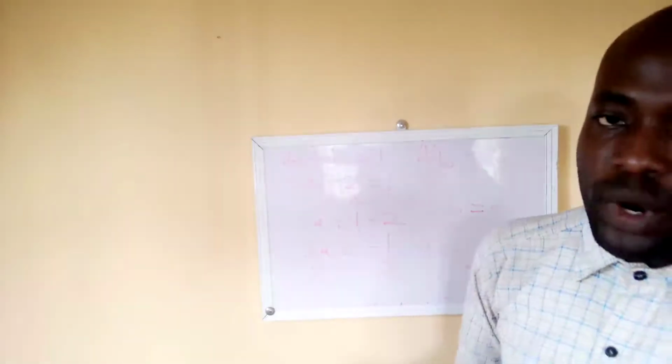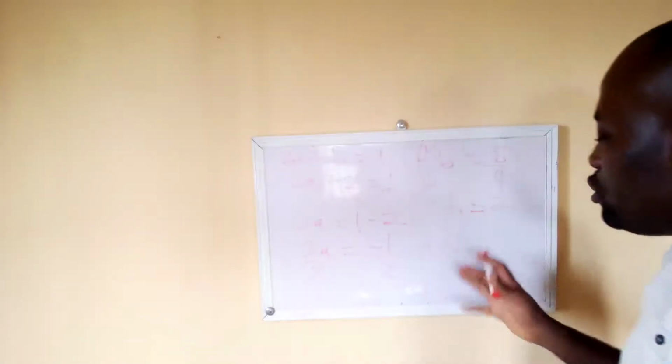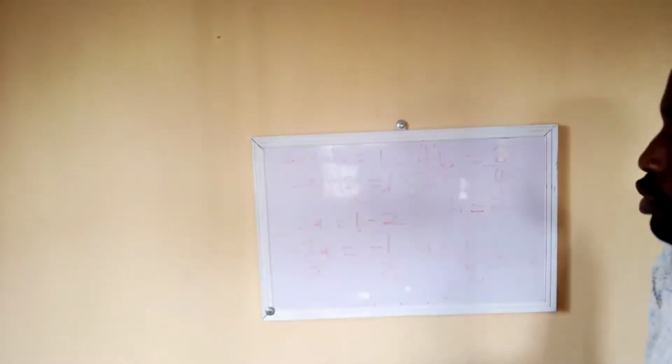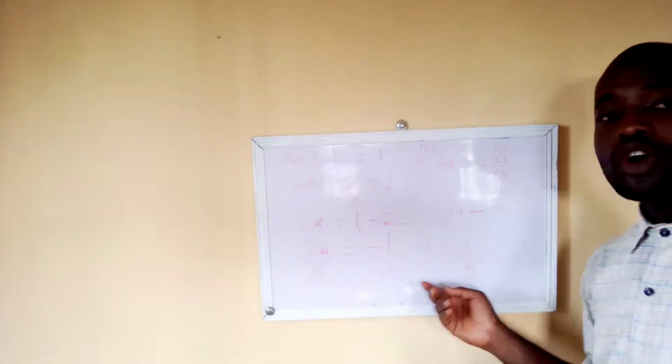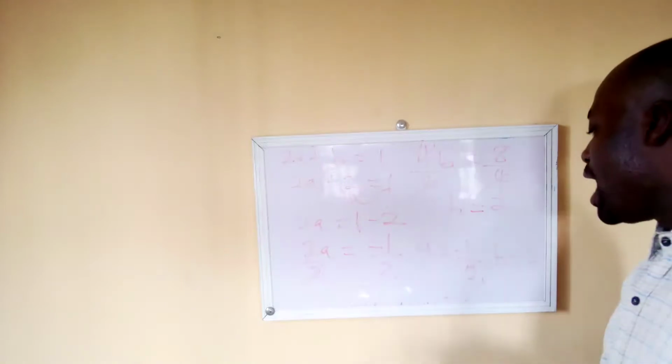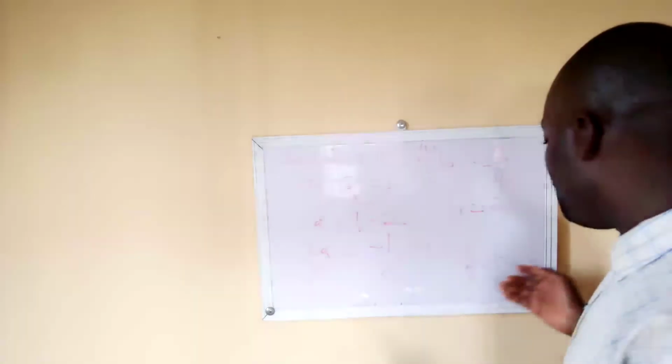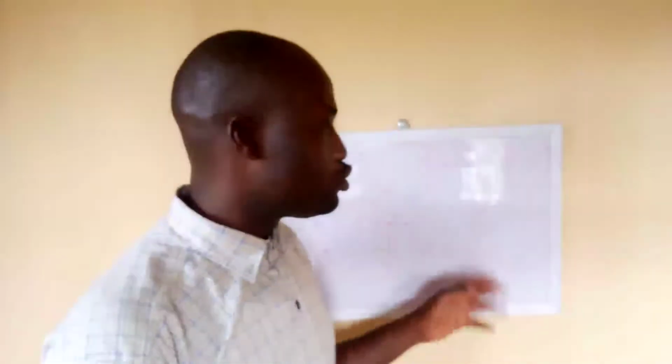You can see now that simultaneous equation has been able to help us look for the two values. With the help of simultaneous equation, we are able to look for a, and we are also able to look for b. So a is minus 1 over 2 and b is equal to 2. Thank you.